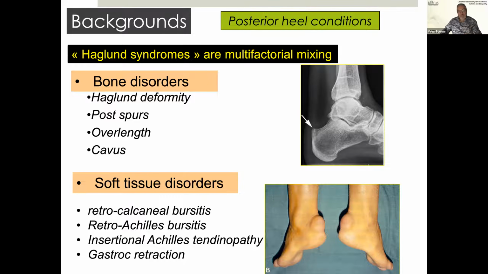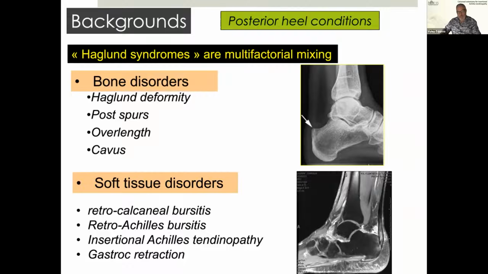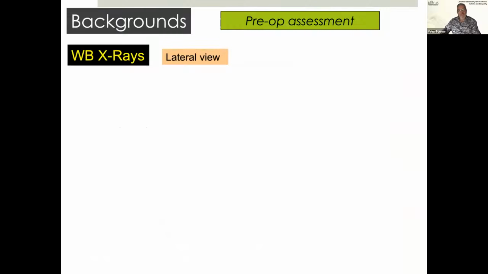But we also have to deal with soft tissue disorders like retrocalcaneal bursitis, retro-Achilles bursitis, insertional Achilles tendinopathy, which is the topic, and the gastroc retraction. All those are mixed, and we can call that Haglund syndrome when we speak about insertional tendinopathy. We have here some examples of these conditions.